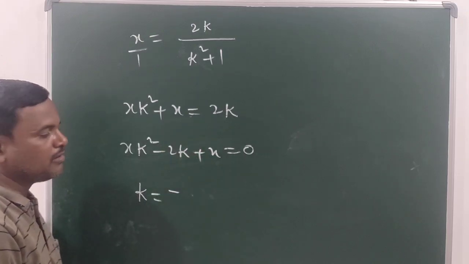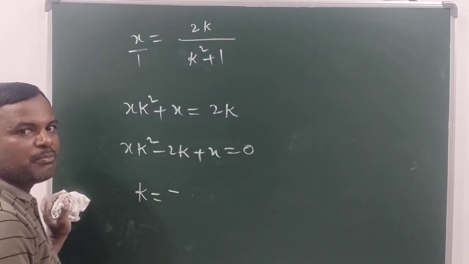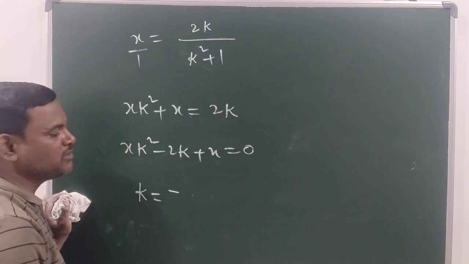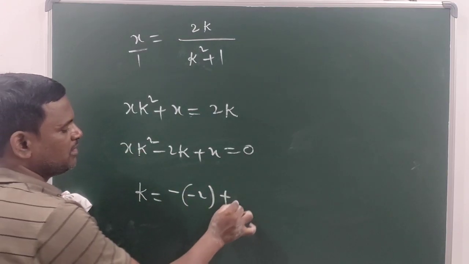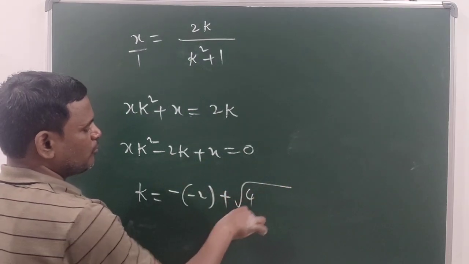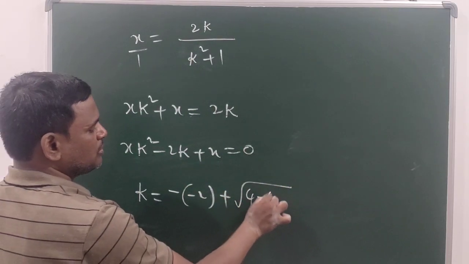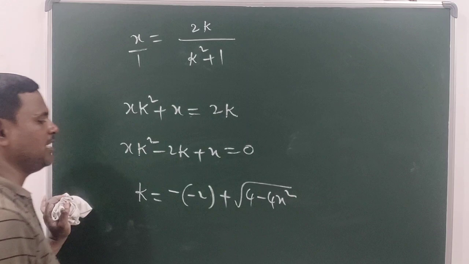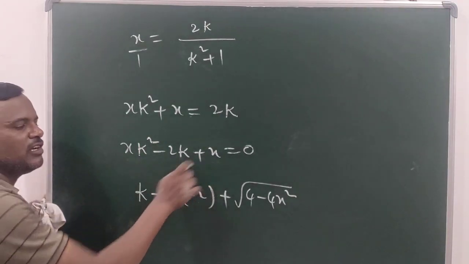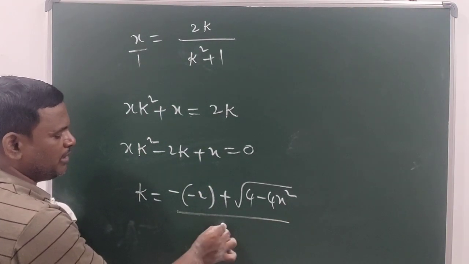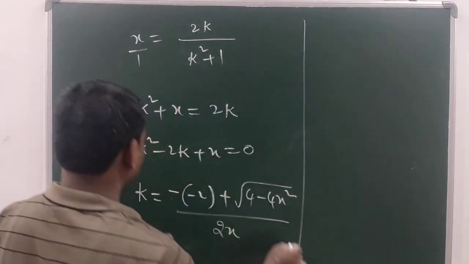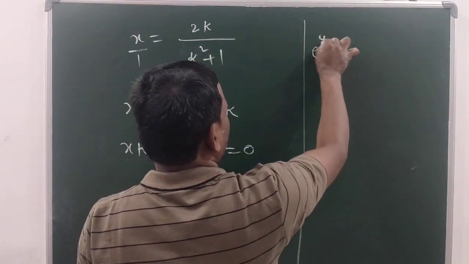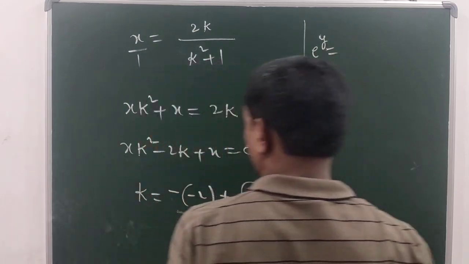Okay, in the quadratic formula, minus b plus or minus, but prefer the plus symbol only. b value minus 2 plus root of b square 4 minus 4ac. So minus 4x square you will get. a value x, c value also x, by 2a, 2x. Minus into minus plus. So e power y, which is equal to, what do you get here?